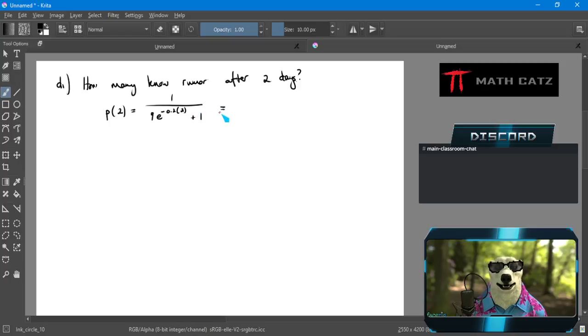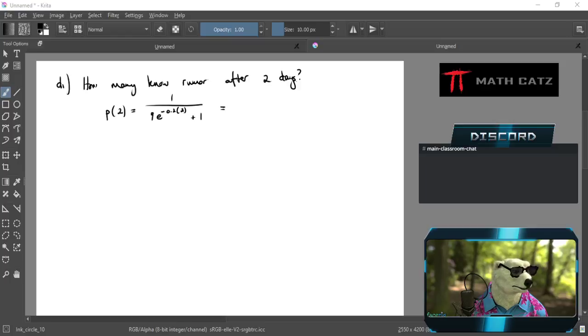In MathBot, just watch your brackets and be careful in how you're calculating this. 1 divided by everything in brackets, 9 times e to the power of, negative 0.2 times 2, and then of course the plus 1 there.